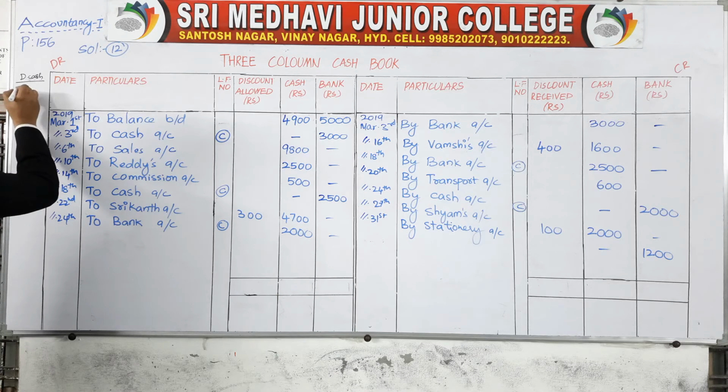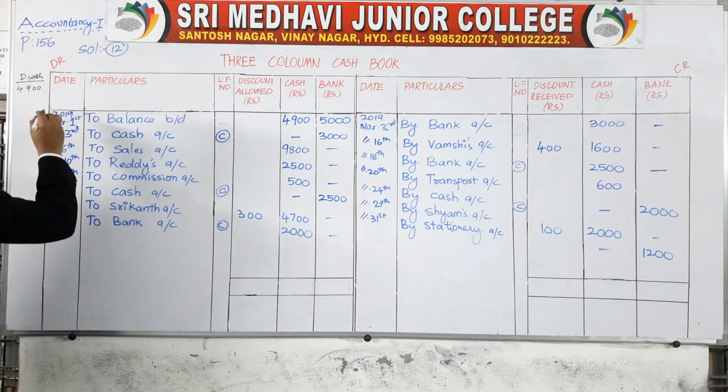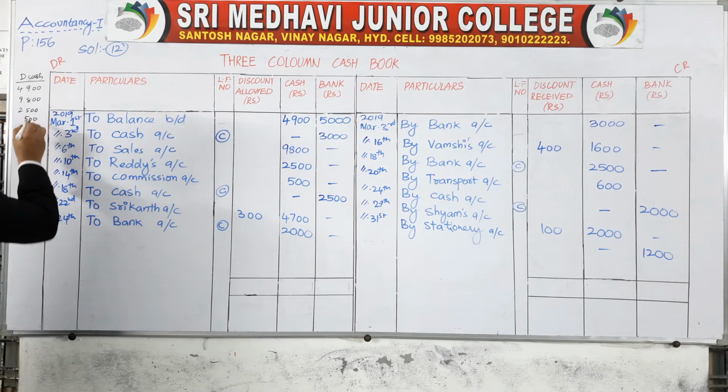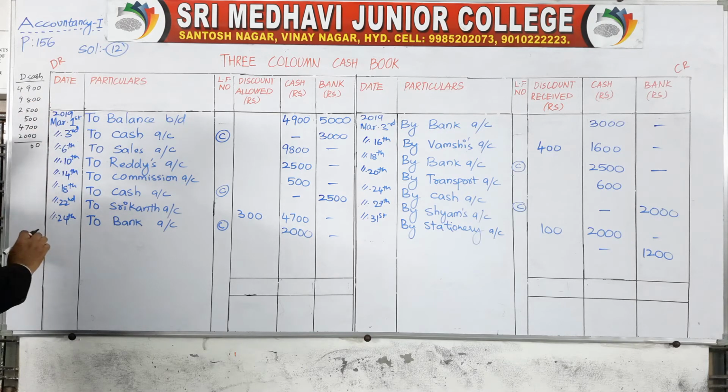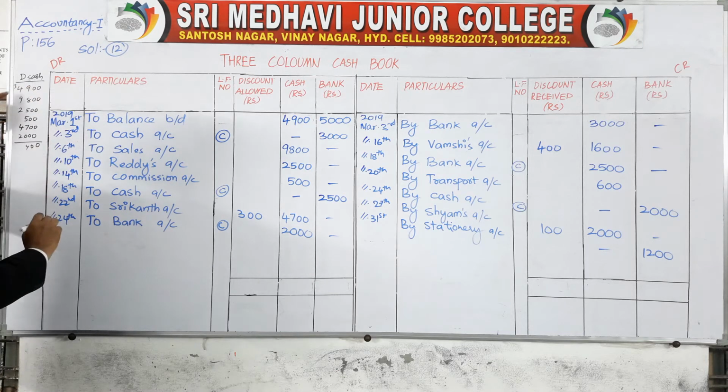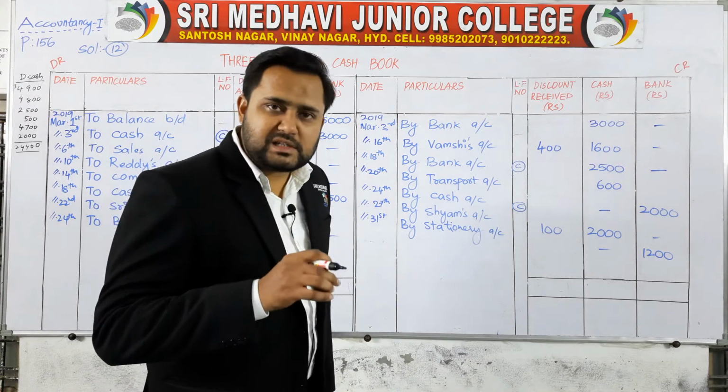How much is the value? 4,900, 9,800, 2,500, 500, 4,700, 2,000. 24,400 is the debit side cash total.